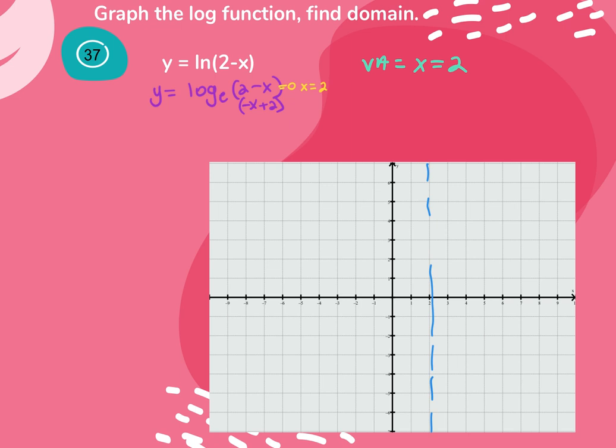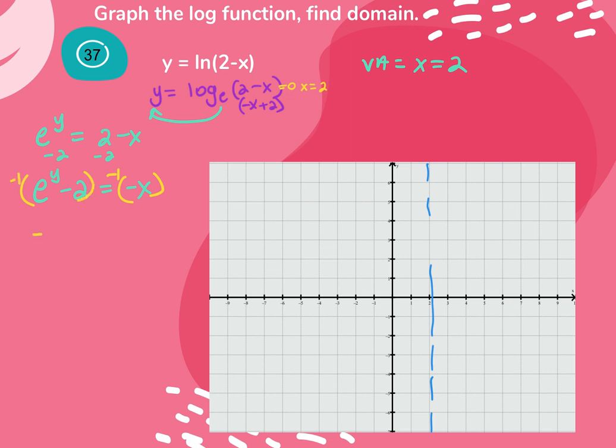And then I'm going to convert this into exponential. E picks up the y, and you can leave it as 2 minus x or negative x plus 2. It doesn't matter. I still have to isolate the x. So if I subtract the 2, I get e to the y minus 2 equals negative x. And then I have to change the sign. So I divide or multiply by negative 1.